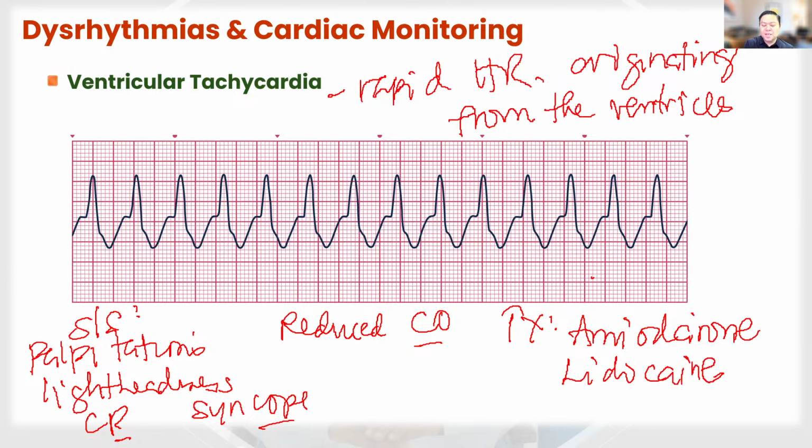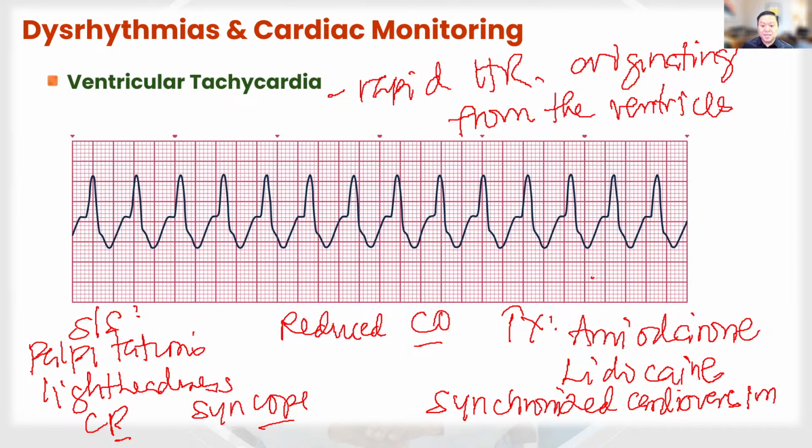Okay, the patient will also probably receive a synchronized cardioversion. Okay, so this is another treatment for this patient when the patient becomes unstable or symptomatic, let's say their cardiac output is already compromised.